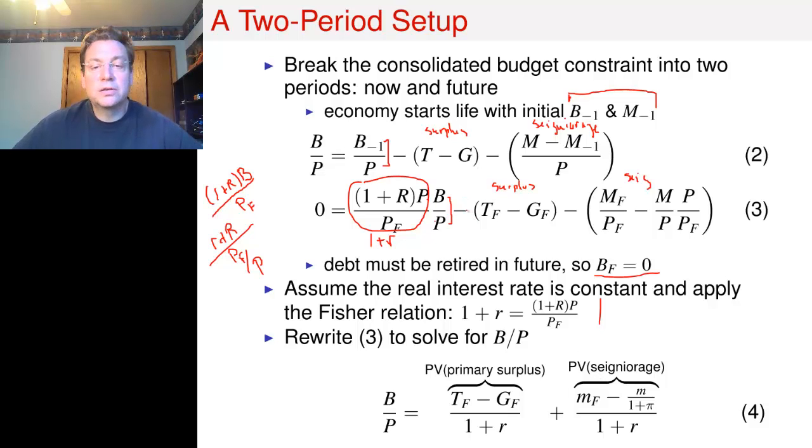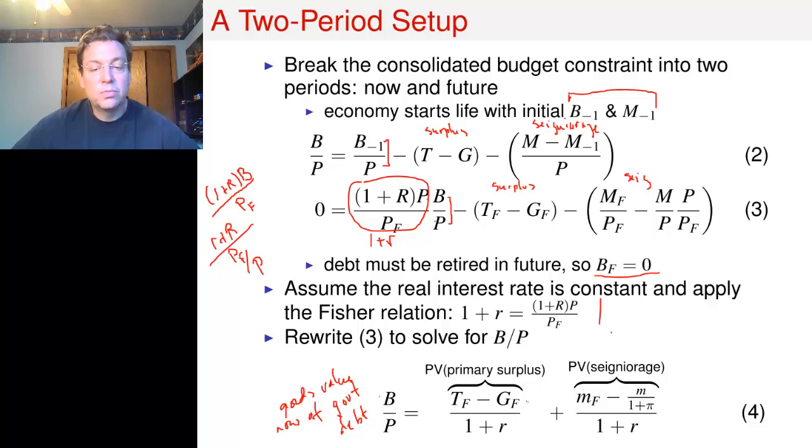Okay, now let's rewrite equation 3 in terms of B over P. And you can see it's pretty simple algebra. We've imposed the Fisher equation. We just divide through by 1 plus r. And what we get is that the goods value now of government debt, B over P, equals the discounted present value of surpluses plus seigniorage.